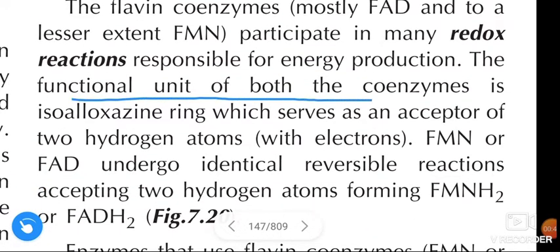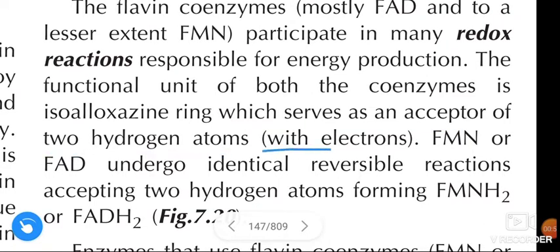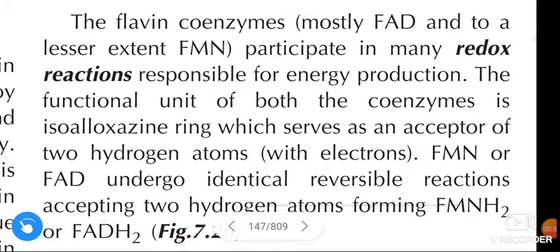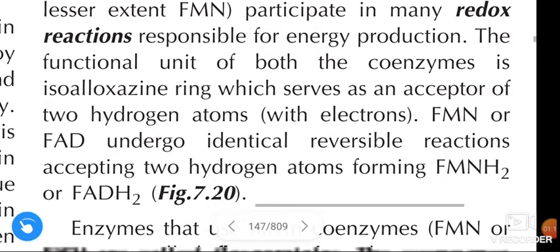The functional unit of both the coenzymes, FAD and FMN, is the isoalloxazine ring, which serves as an acceptor of two hydrogen atoms with electrons.